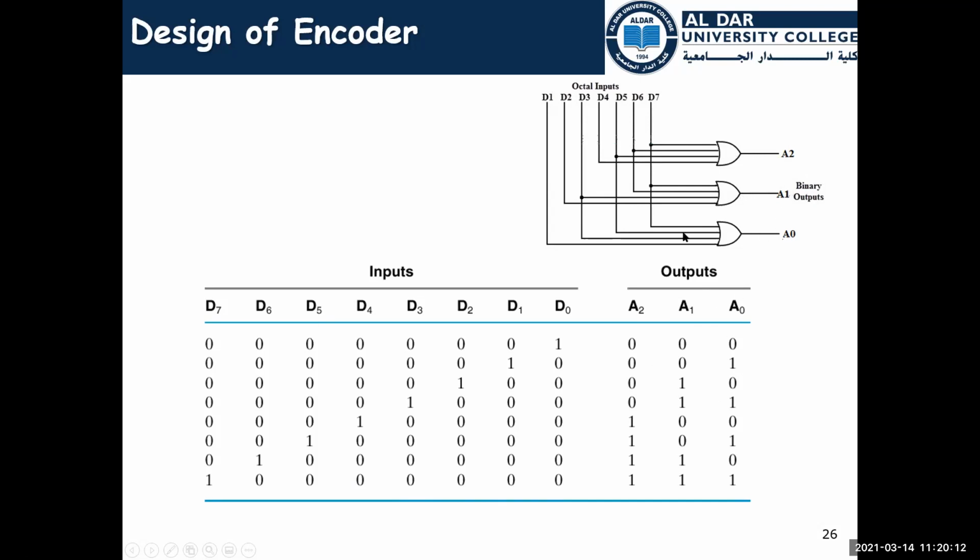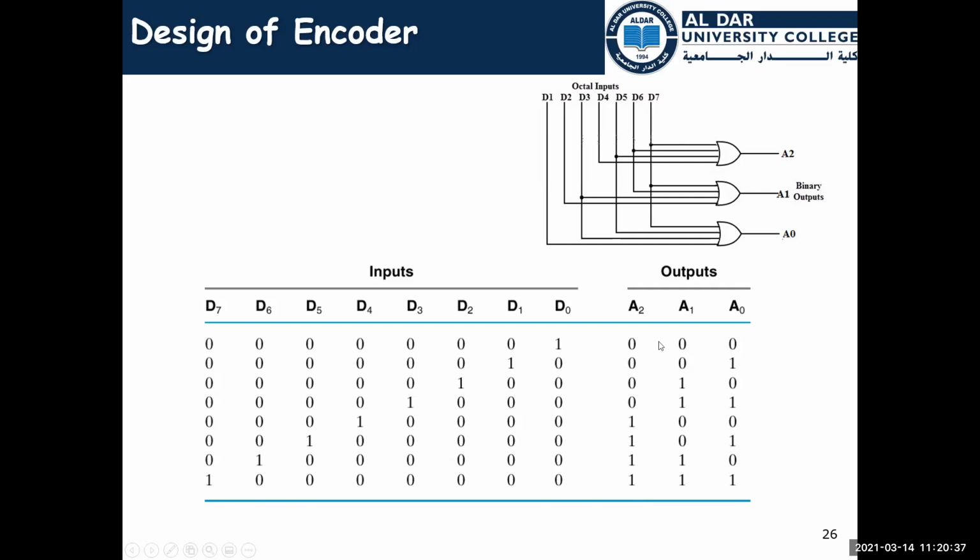It is straightforward because I know that A2 is D4, D5, D6 and D7.